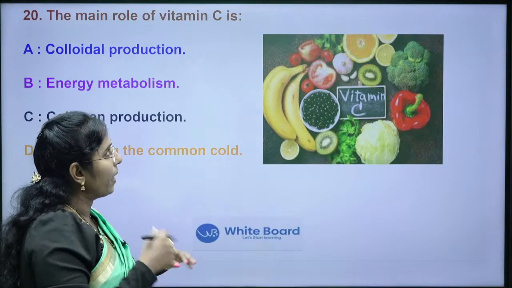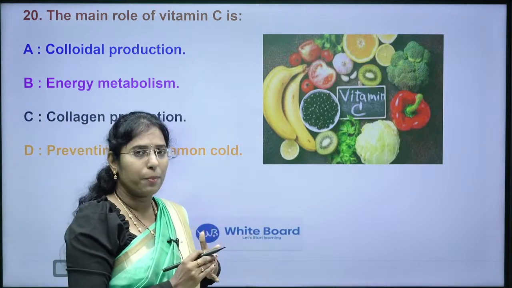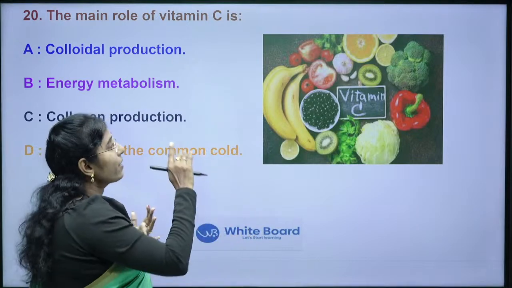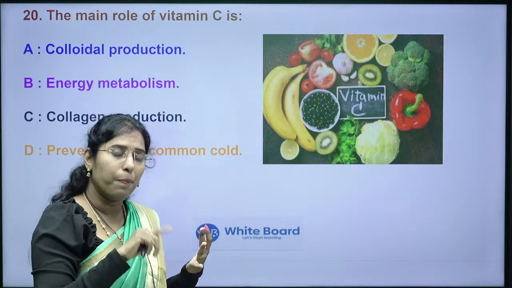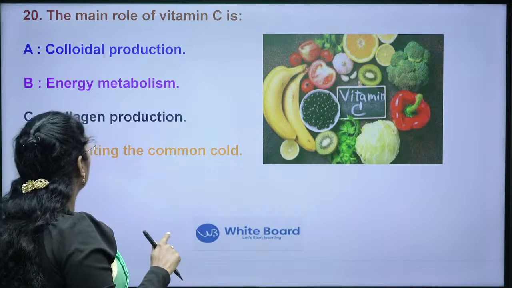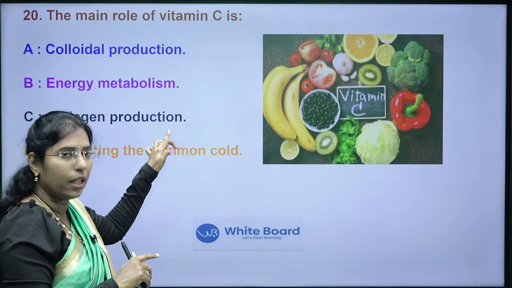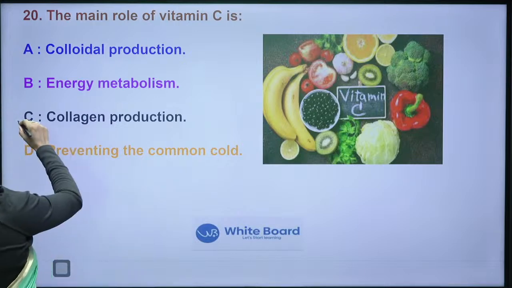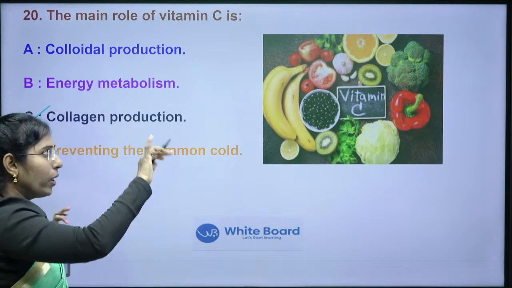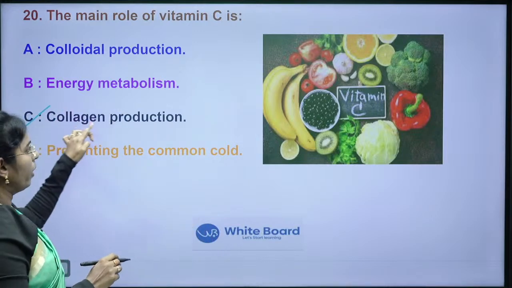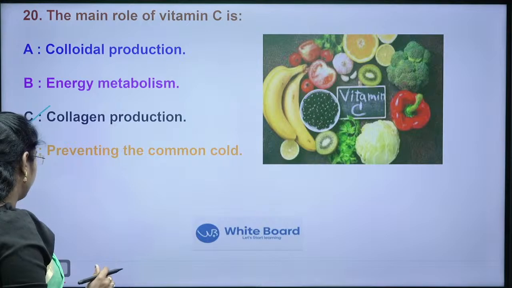The main important roles of vitamin C are that it acts as an antioxidant, it helps in tissue repair and growth, and it also helps in collagen production. It also plays an important role in iron absorption. Out of these, collagen production is the correct answer.